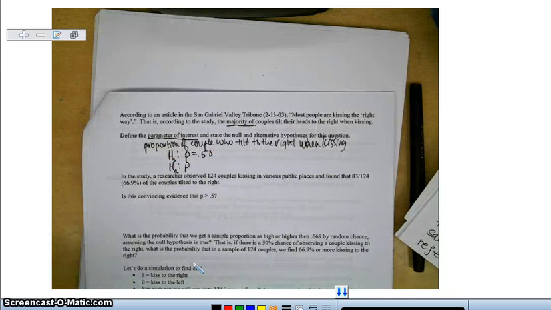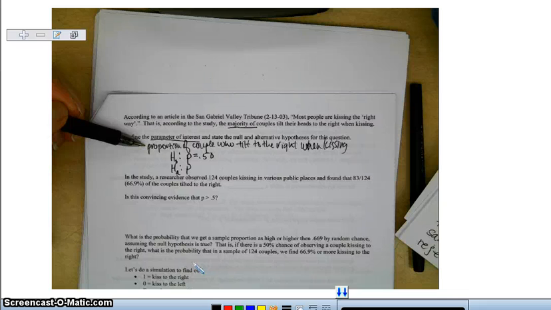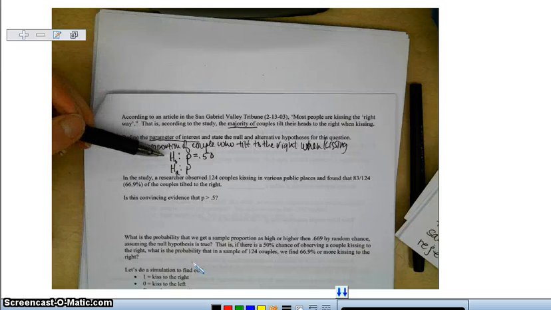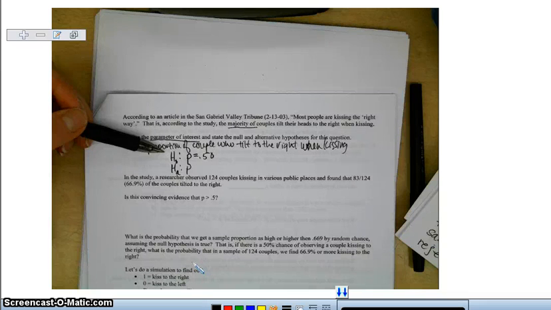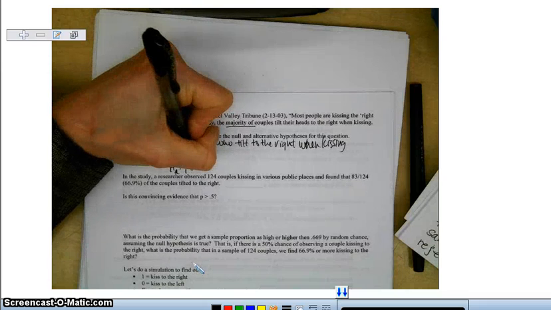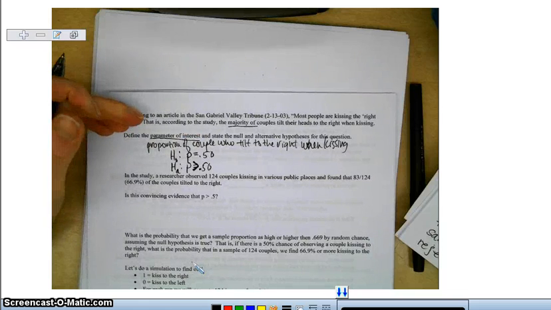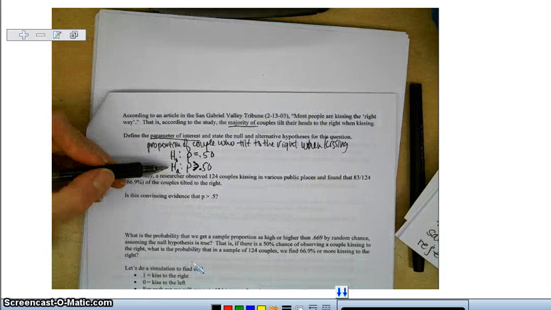What we assume is that it really doesn't matter, that it's equal, okay? So then our alternative is that it's greater than 50%. Based on this article, more people tilt their heads to the right, okay?